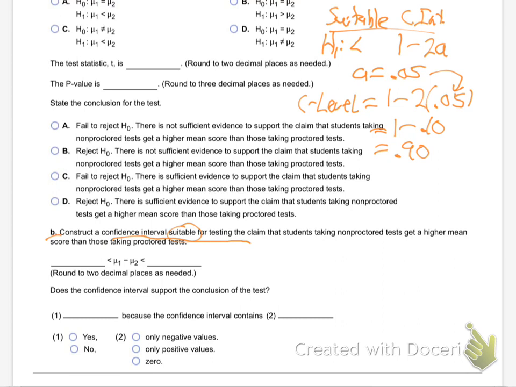So to do that, we're going to do a 2-sample T interval. So go to 2-sample T interval instead of T test, because we're doing a confidence interval, 2-sample, because we have 2 samples. They're going to ask you if your input is from data or stats.